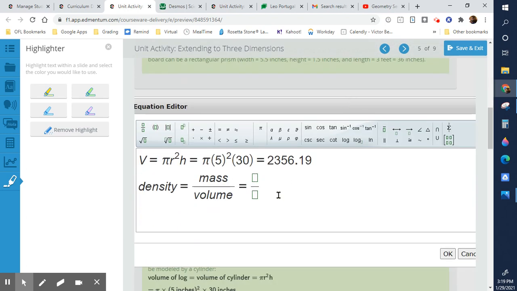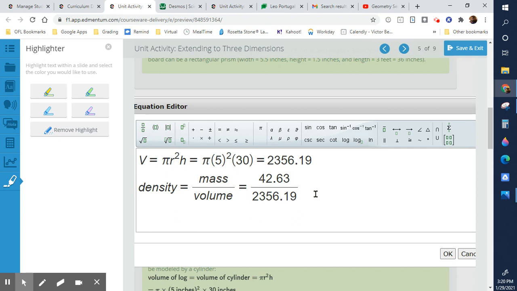So we're going to write 42.63. And our volume is going to be 2356.19. And this is cubic inches. You want to make sure all of your units are the same. So the radius was inches, we squared it. This was inches, so it becomes inches squared.